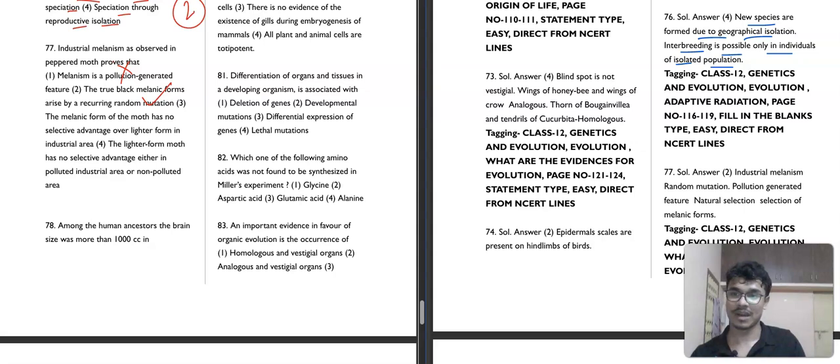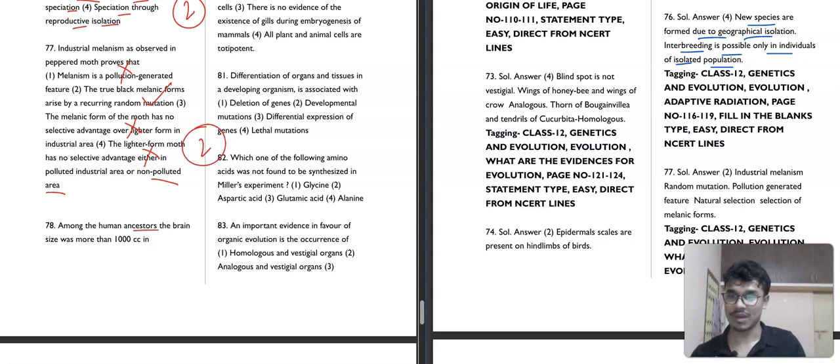Third, the melanic form of the moth has no selective advantage over the lighter. They have the selective advantage, which is not correct. Then the lighter form moth has no selective advantage either in polluted industrial area or non-polluted area. They have advantage in non-polluted area definitely.